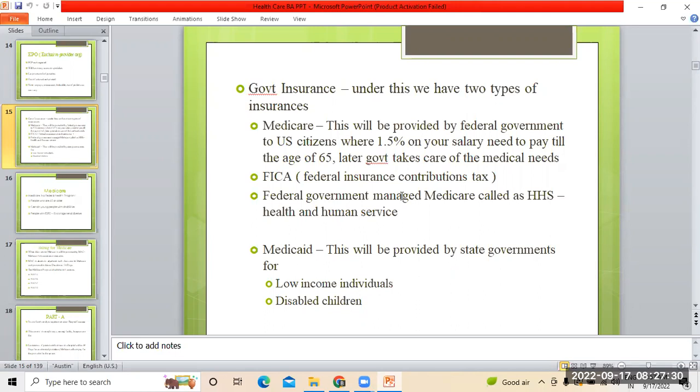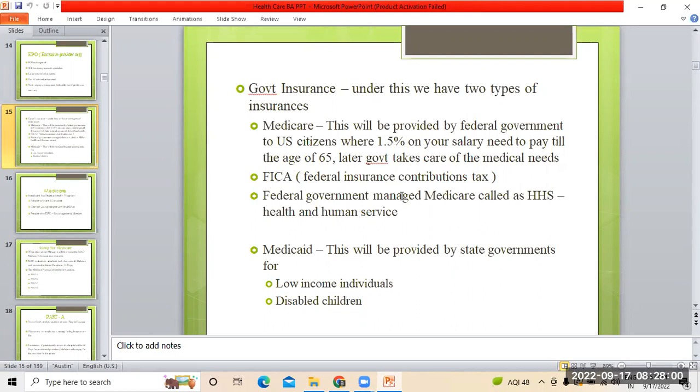At the same time, if you talk about Medicaid, Medicaid is a plan powered by the state government, especially for low income group people, disabled people, disabled children, and so on. But some changes have been made, as usually happens at regular intervals, especially in terms of the services.